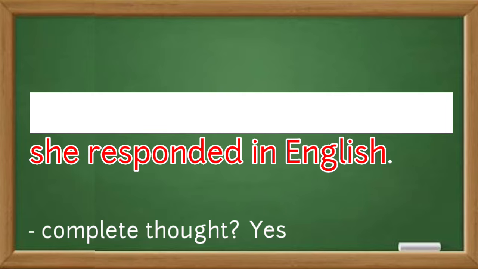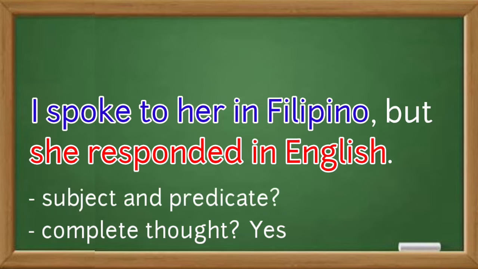Yes. Now, does it have a subject and a verb or predicate? Yes. The subject in this independent clause is she. It tells who did the action. And the verb is responded. It is the action done by the subject.